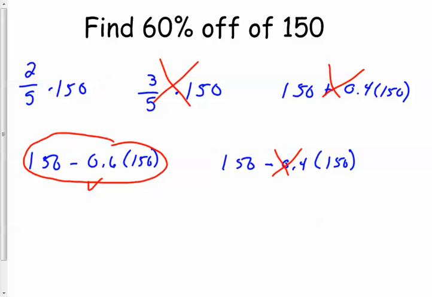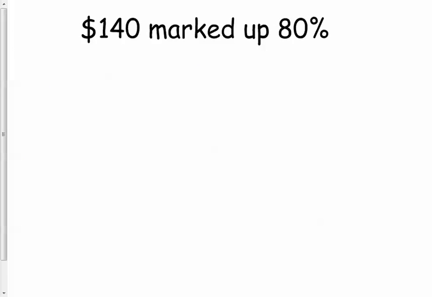All right, let's look at another one. Okay, now look at the way this one's worded. This is 40% marked up by 80%. So let me give you some options here. What if we had 1.4 times 80? Think about that expression. What if we had 140 times 0.2, or 140 times 1.8? That's interesting.